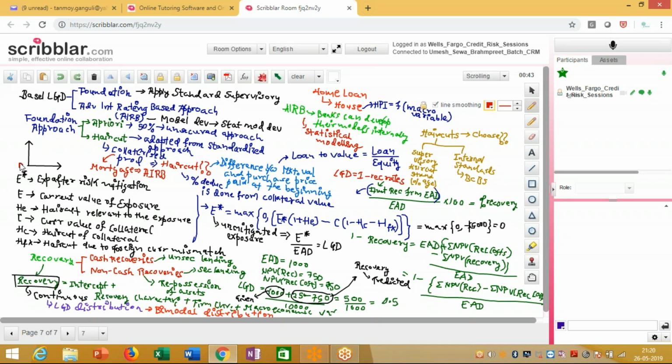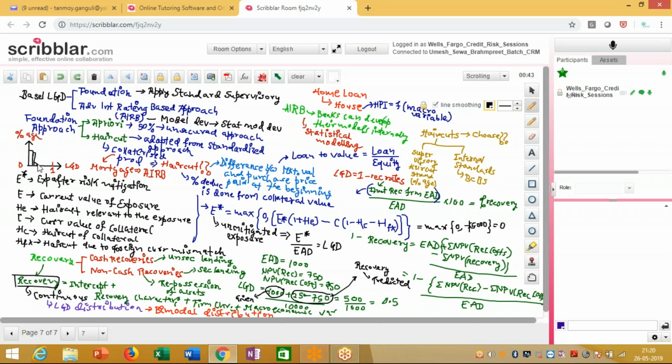Over here it's zero, here I have the percentage of recovery, and here I have the LGD. So this is zero and this is one, where one means nothing would be recovered. A typical LGD distribution looks something like this.